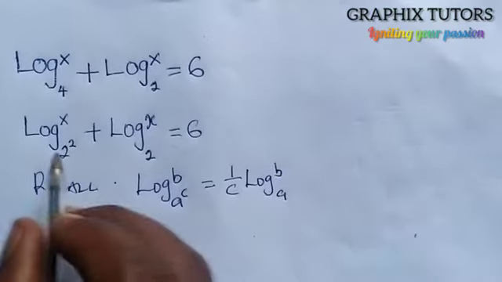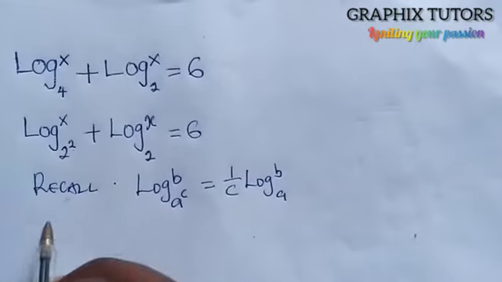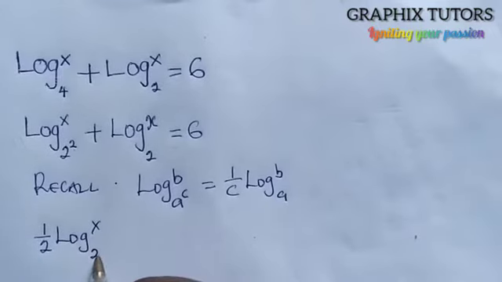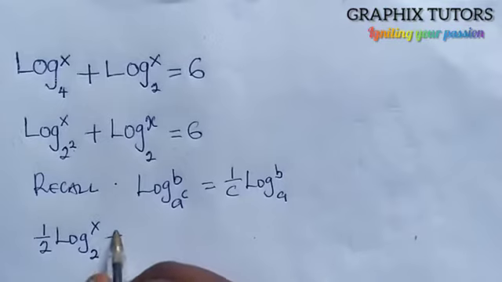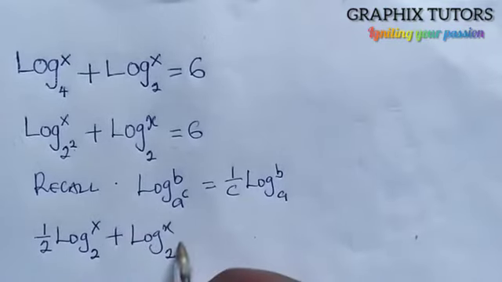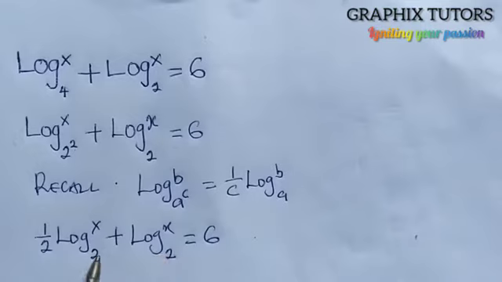So we apply it here, and the 2 will come to the back. It will be 1 over 2 log x to 2, plus log x to 2 is equal to 6.